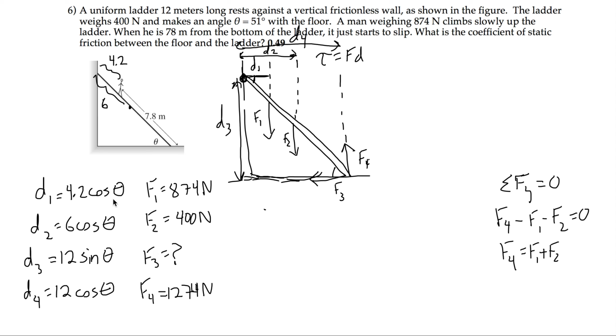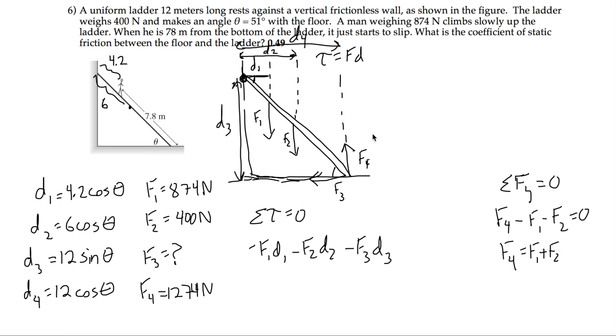So we can go back to this and sum up our torques equal to 0. So F1 is going to produce a clockwise torque about this pivot point here. So negative F1d1, F2 as well, negative F2d2. F3 will also produce a clockwise torque. It's pulling it here this way. So minus F3d3.